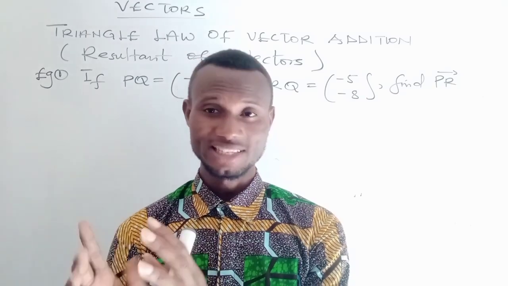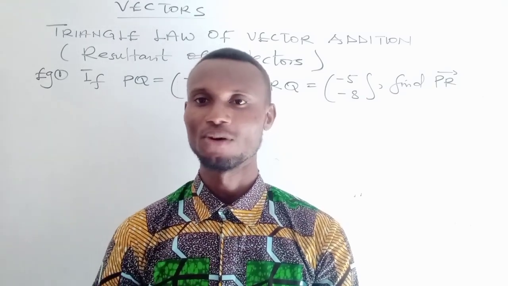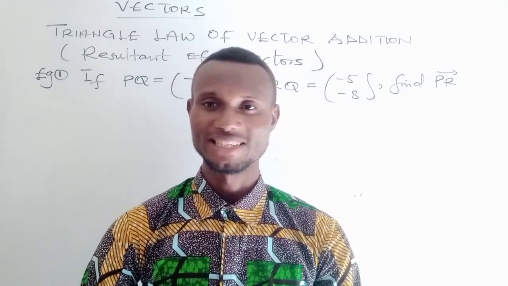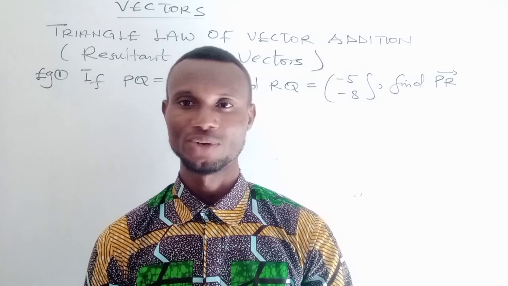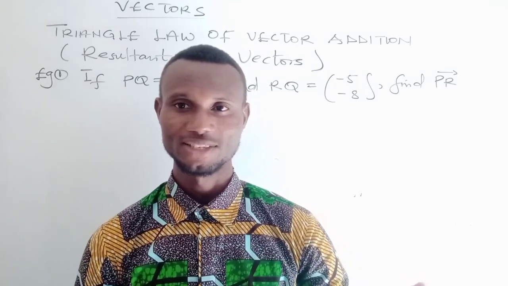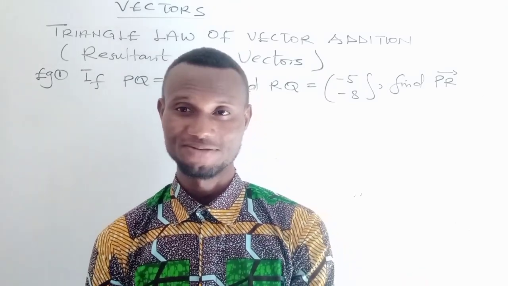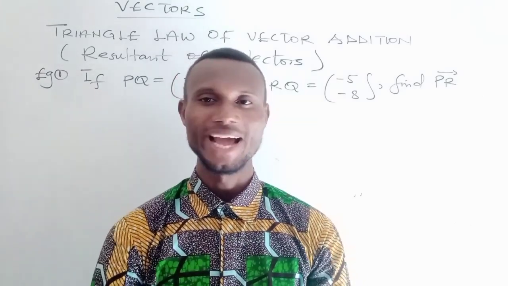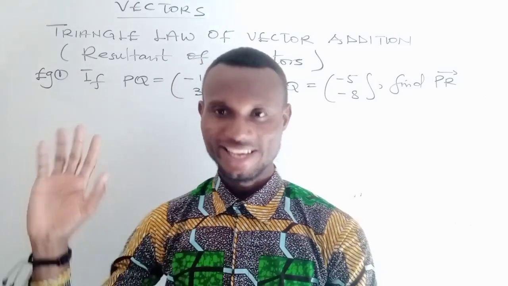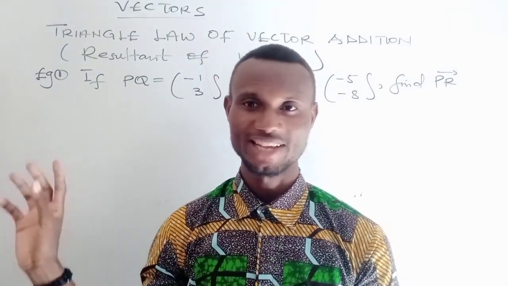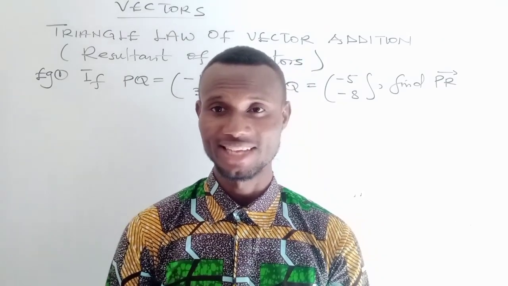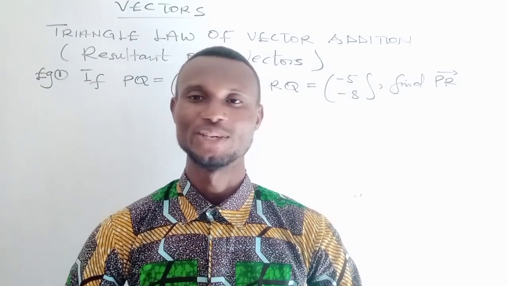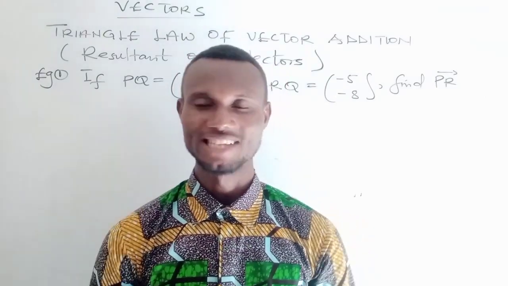So we started with the introduction to vectors, we moved on to addition and subtraction, then we looked at multiplication of a vector by a scalar, and the last thing that we looked at is the position vectors, when I was teaching you the position vectors also, I taught you inverse of a vector, and we are going to apply all those things that we've learned here, under the resultant of vectors. So it's very important that you watch the previous videos to get the basic knowledge and foundation that you need to be able to handle this aspect as well.